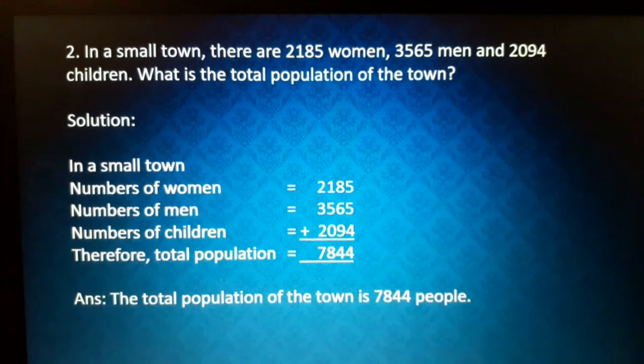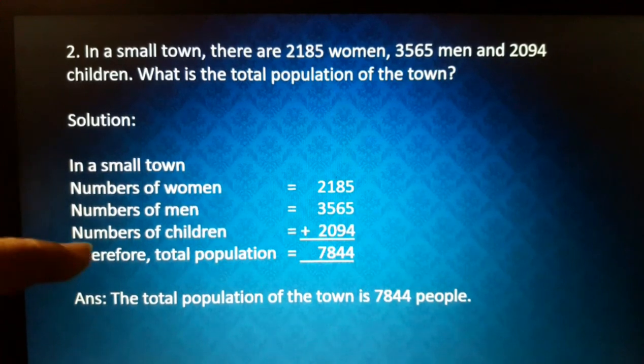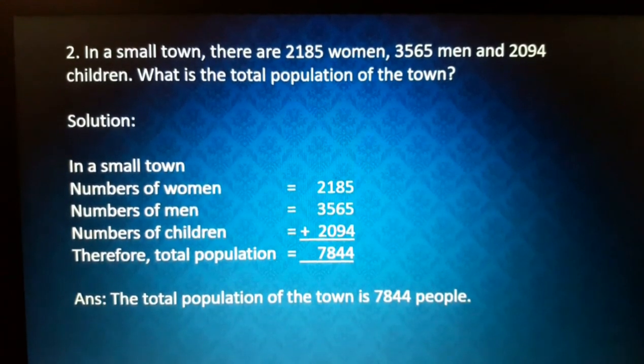Now last question, and in this question you can see one thing over here: therefore. As you can see, the word therefore is written over here. In copies, when you write, you are copying this, fine, but slowly you have to know that we don't write therefore, we have a symbol to write.